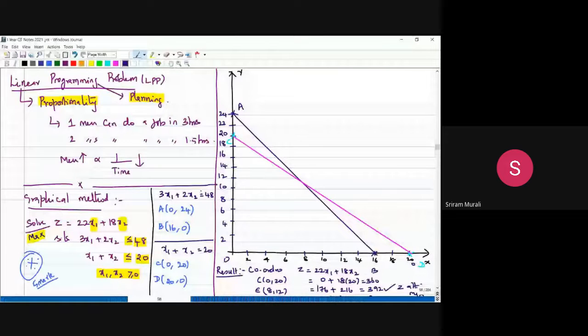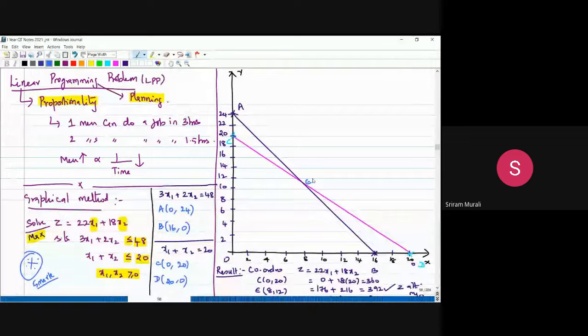Now this point of intersection is to be found. This point of intersection is my E.